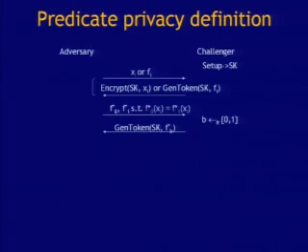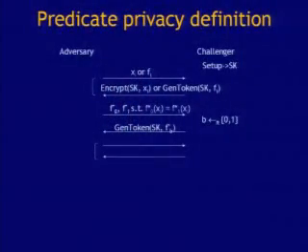Now the challenger is going to flip a random bit b and give back a token for f*b. And the adversary can ask some more queries subject to the same restriction as before. And finally, the adversary outputs a guess b' of this bit b, and it wins if b' equals b. And we say that our scheme has predicate privacy if no polynomial time adversary can win this game with more than negligible probability.